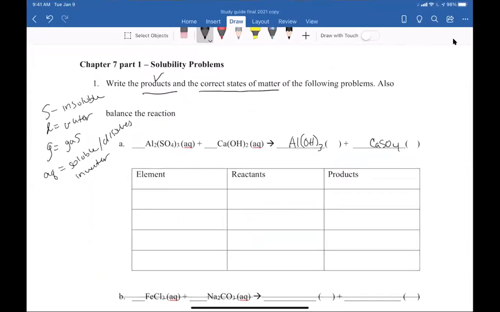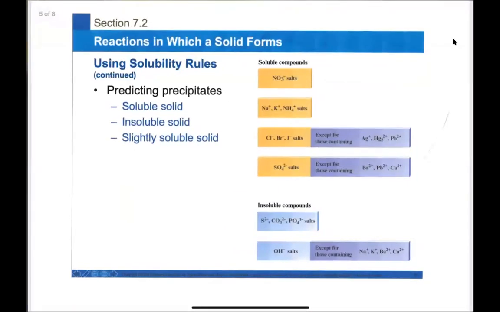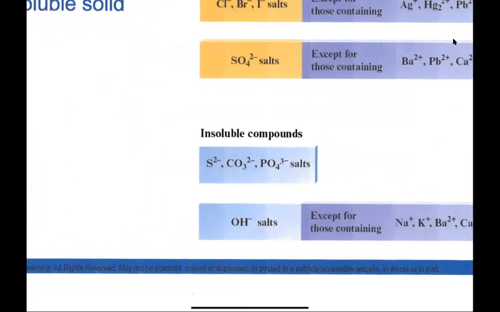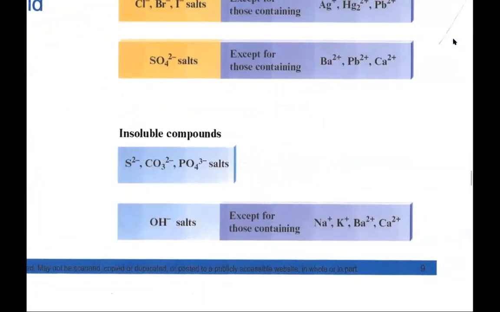Okay, so let's look at AlOH3. So we have OH. OH is considered an insoluble salt, except when it contains Na, K, Ba, or Ca.